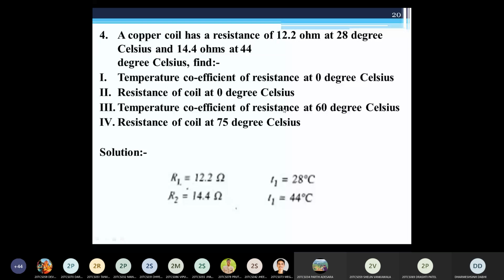As we know the equation, RT is equal to R0 into (1 plus alpha 0 T). You can make two equations, R1 is equal to R0 into (1 plus alpha 0 T1), and the same way the second equation. So you can take the ratio this way.